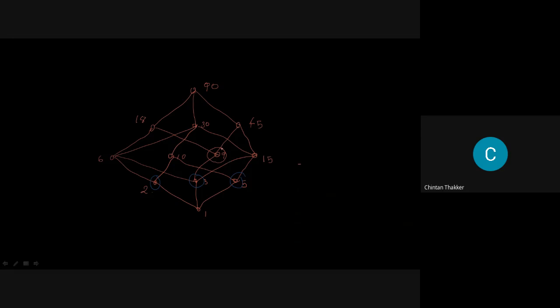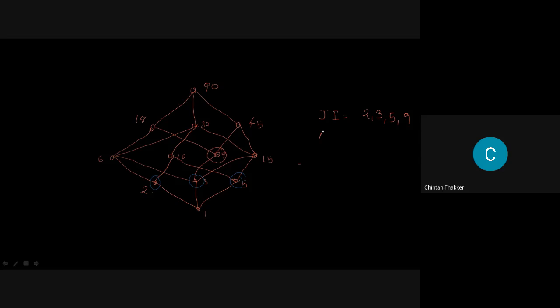At 18 we have 2 lines coming from downside, at 30 we have 3 lines, at 45 2 lines. So the join irreducible elements are 2, 3, 5 and 9.